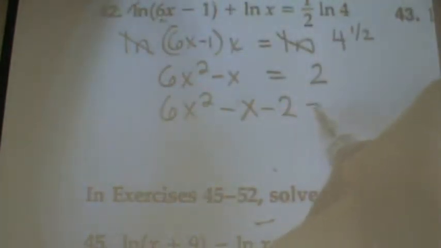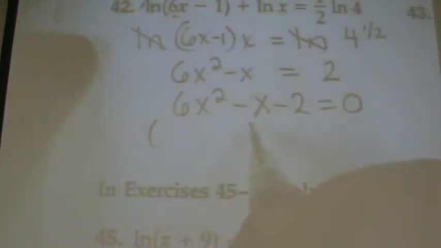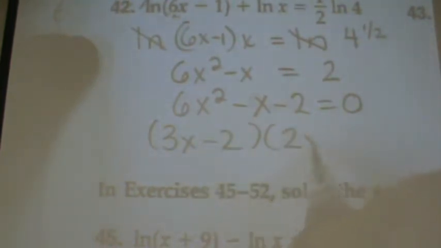And do what? Oops. Minus x minus 2. I don't know if this is factorable. Is it factorable, anyone? Yeah. It is? What does it factor to? 3x minus 2 and 2x plus 1.